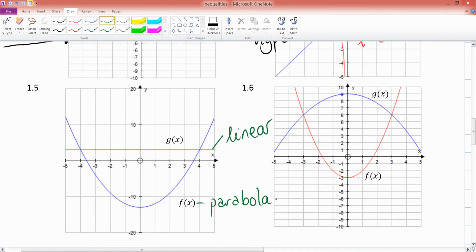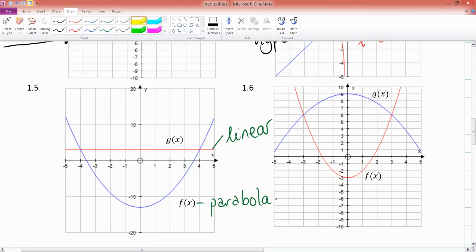So which portion is the parabola strictly above the red line? We want it to be strictly above the red line. So I'm going to highlight portions of the parabola which is strictly above the red line.